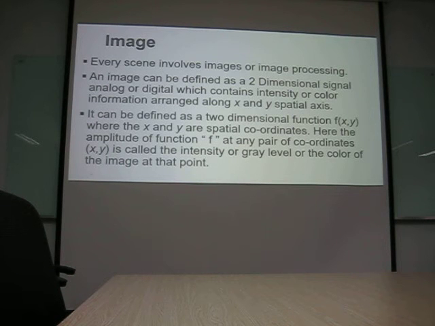So when you go into this, when you take an image, a scene involves images or image processing. The image is defined by two dimensions, and is analog or digital, and it tends to have intensity of color. In the 2D space, you have basically a coordinate on every point.